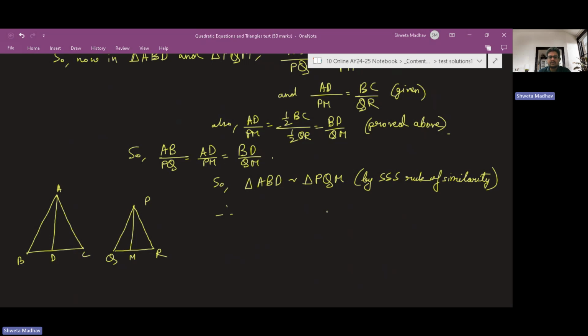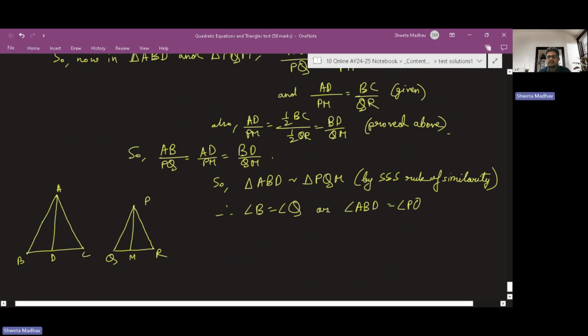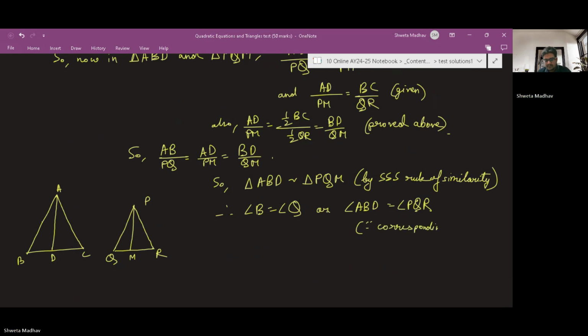So therefore, we can say that angle B is equal to angle Q, or I can say angle ABD is equal to angle PQM. Since corresponding angles of similar triangles are equal.